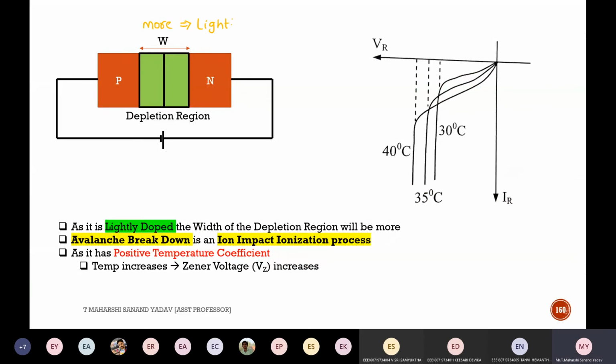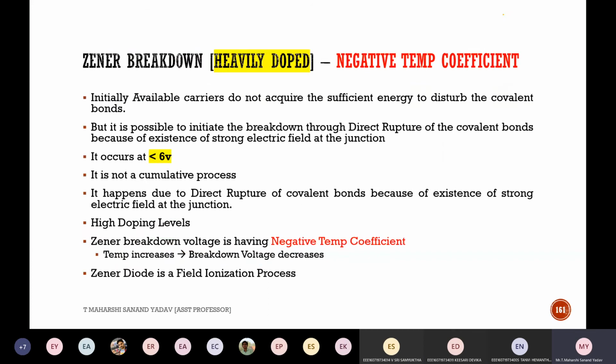If it is lightly doped, why is depletion region more? Because there is more space. Suppose if it is heavily doped, means everything is closely packed. So the depletion region will be more or less? Less. See this diagram so that you will understand it easily.